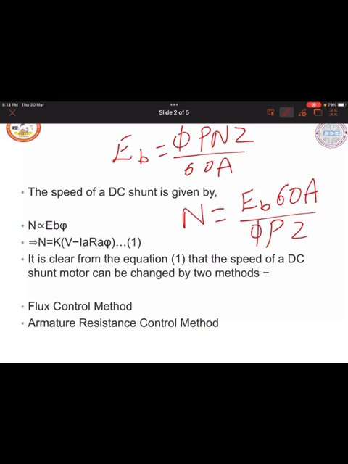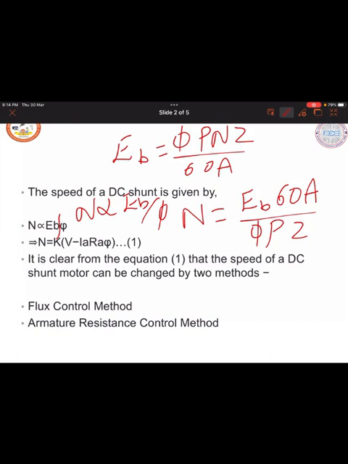So N is proportional to EB by φ. So your speed is directly proportional to the back EMF and inversely proportional to the flux.